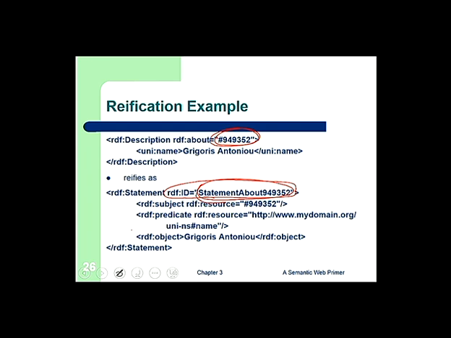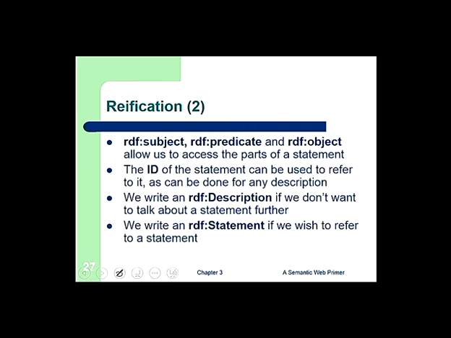I hope you understand that by reification we segregate, we divide a statement into three individual parts, subject, predicate and object, and we assign it an identifier which makes it a resource. And now you can use this resource like any other resource in RDF, and you can make as many statements as you like, just like you can do for any other resource.